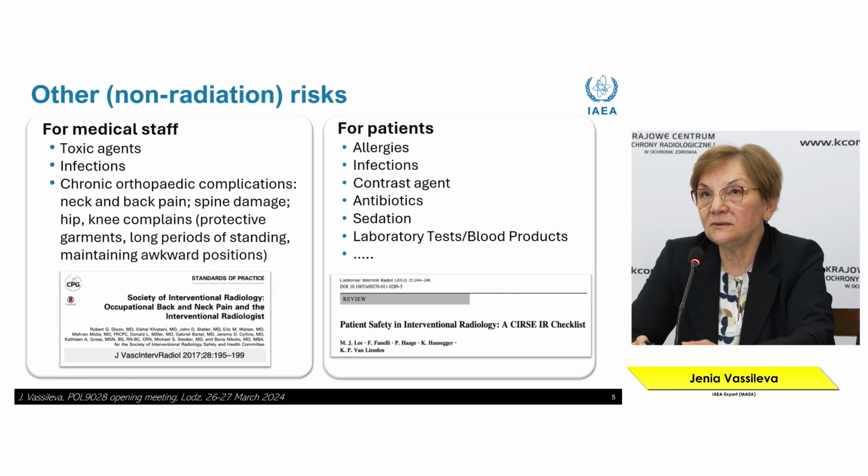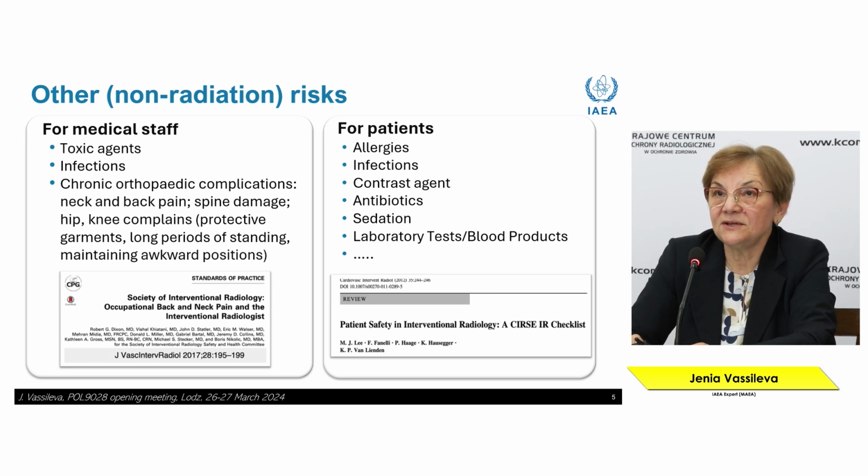But in addition to the radiation risk, there are a number of other risks in a clinical environment that interventionalists should deal with. For example, for medical staff these include the use of toxic agents, infections.